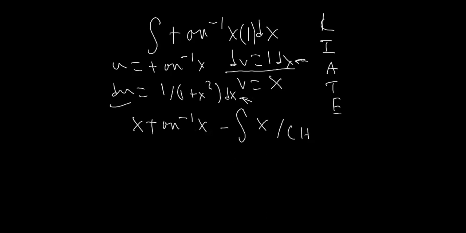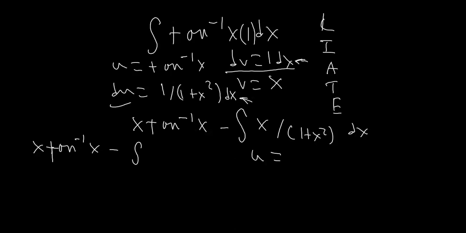So 1 over 1 plus x squared, and then dx. Okay. Now let me rewrite this here. So in order to solve this one, we actually have to use u substitution.